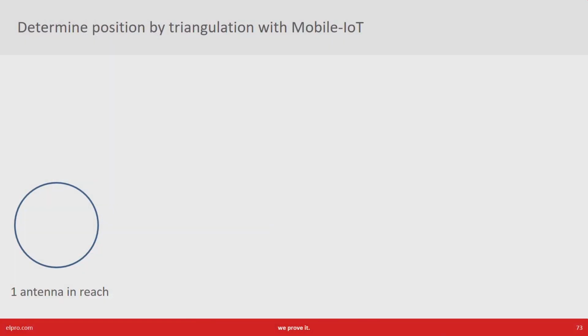How do we determine the position in the mobile IoT device? First of all, we are connected to one antenna, so we know we are in the range of this antenna. We know the accuracy is around 1 to 5 kilometers if we only see one antenna.